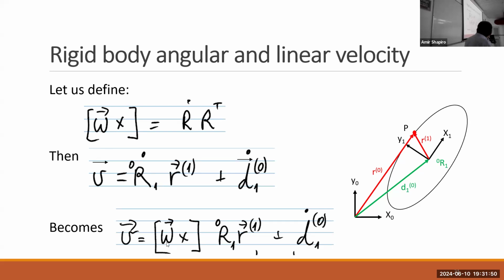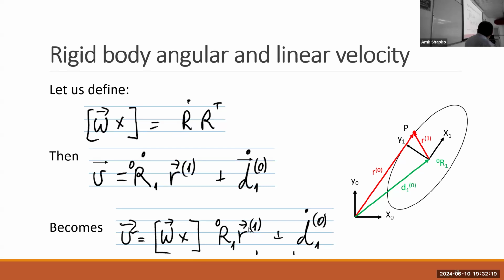So we can have omega cross, and we need to take off this R transpose, so we multiply by R again. If I multiply here with R, then R transpose R is I, and we are left with R dot. So omega cross times R, this will be R dot.